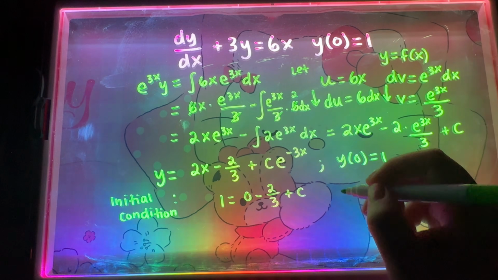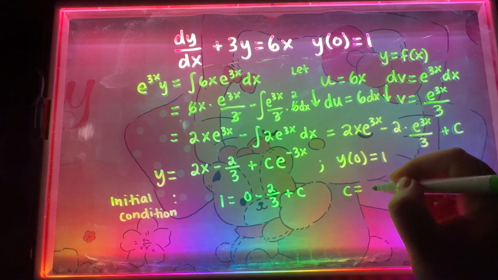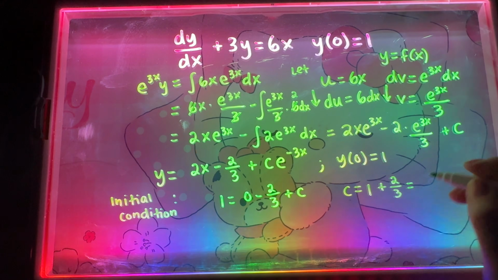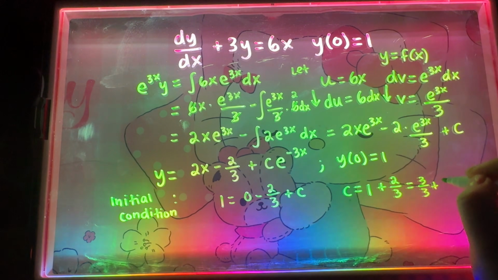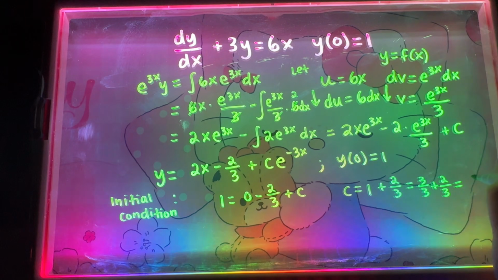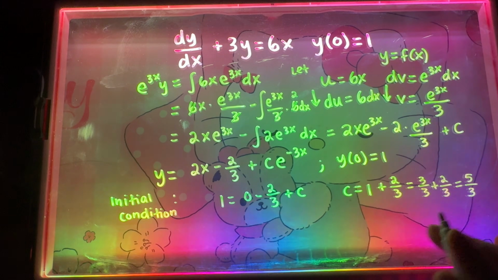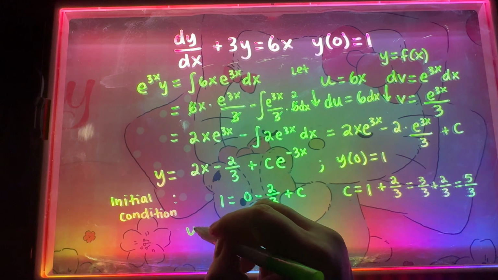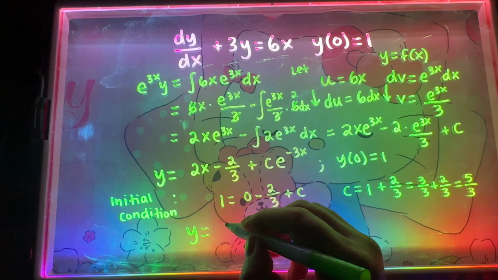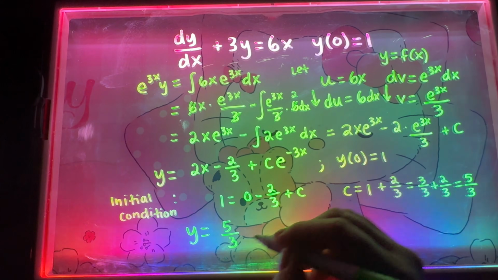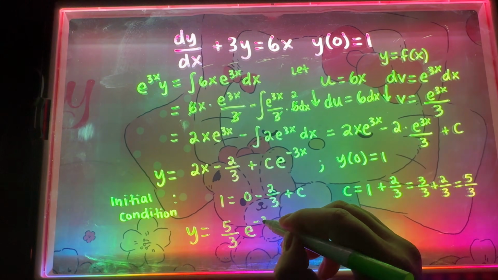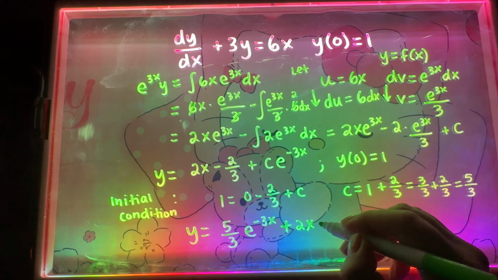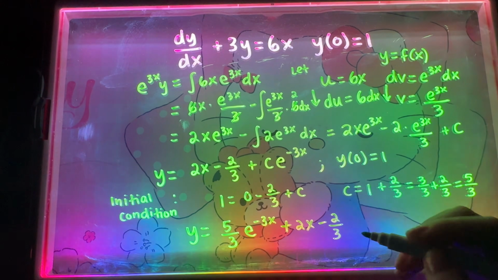So c is going to equal 1 plus 2/3, which is 3 over 3 plus 2 over 3. So 5/3. So our function, our final answer, should be that y equals 5/3 e to the negative 3x plus 2x minus 2/3.